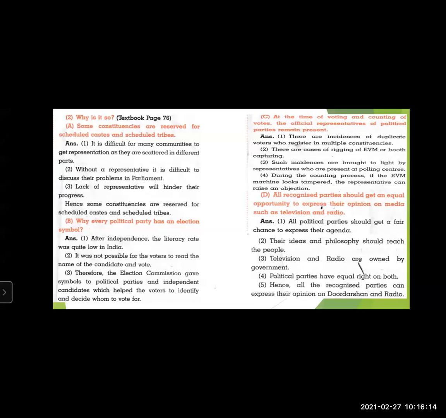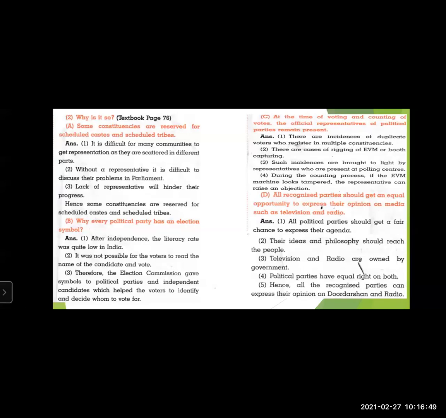Rigging basically means the act of dishonestly organizing an election to get a particular result, or booth capturing is done. Such incidences are brought to light by the representatives. When the representatives are present during voting or counting of votes, they check and bring it to light at the polling centers.